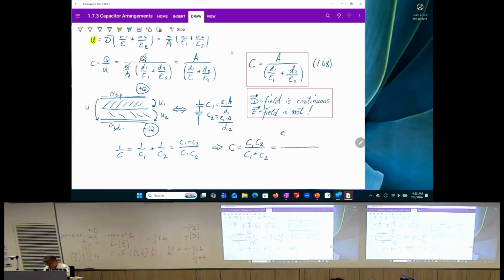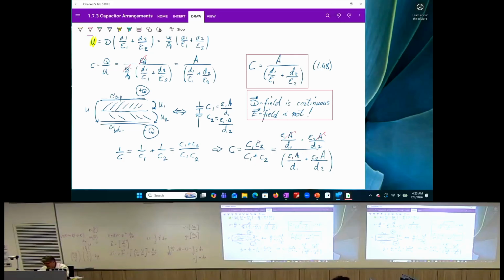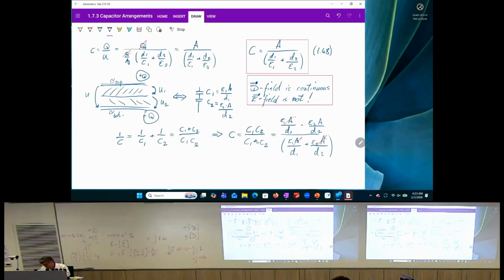Insert here these values for the individual capacitors. That is epsilon 1 times A over d1. We make use of this formula. These are the individual capacitor values. We insert those here. Now you can see that you can take out this A that appears everywhere. Of course, we can only take one out, and we can take one out there.